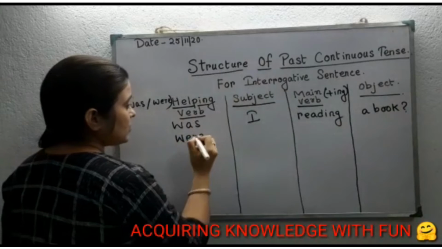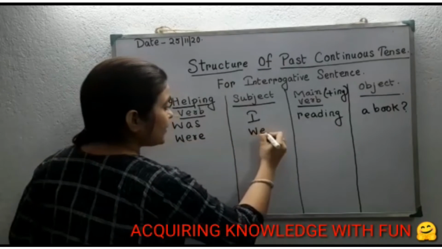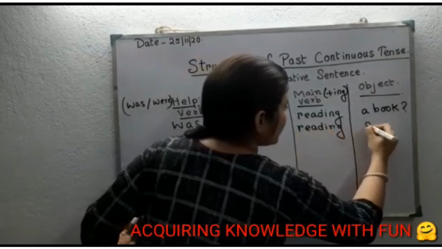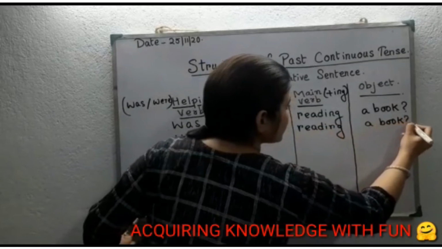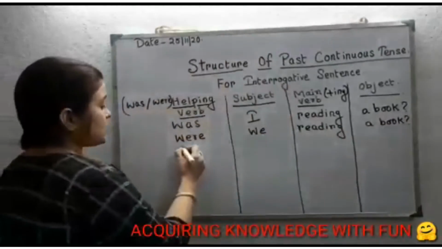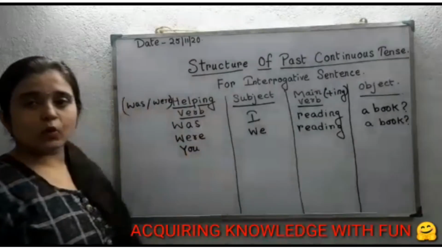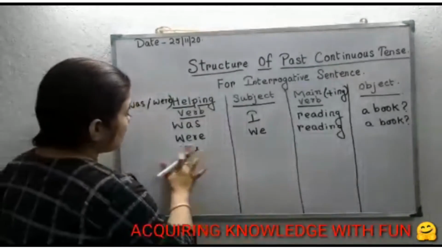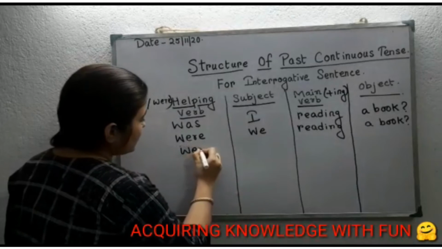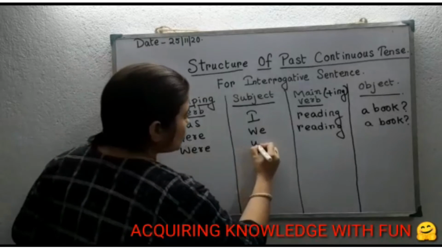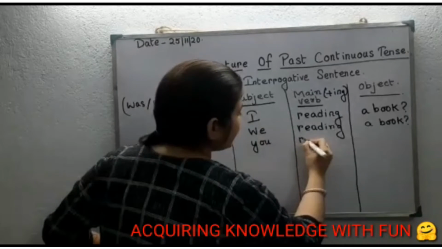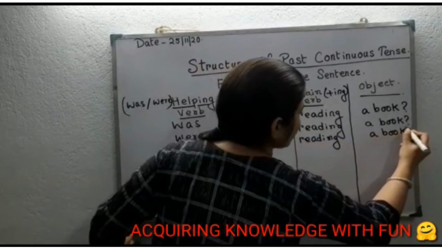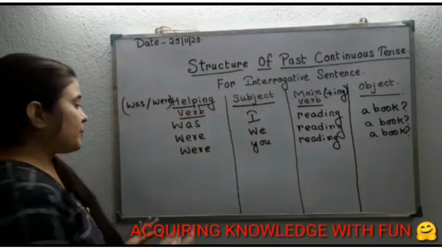Next. Were we reading a book? Okay. Next. You, was or were? Were. Very good. So, were you reading a book? Question mark. Next.